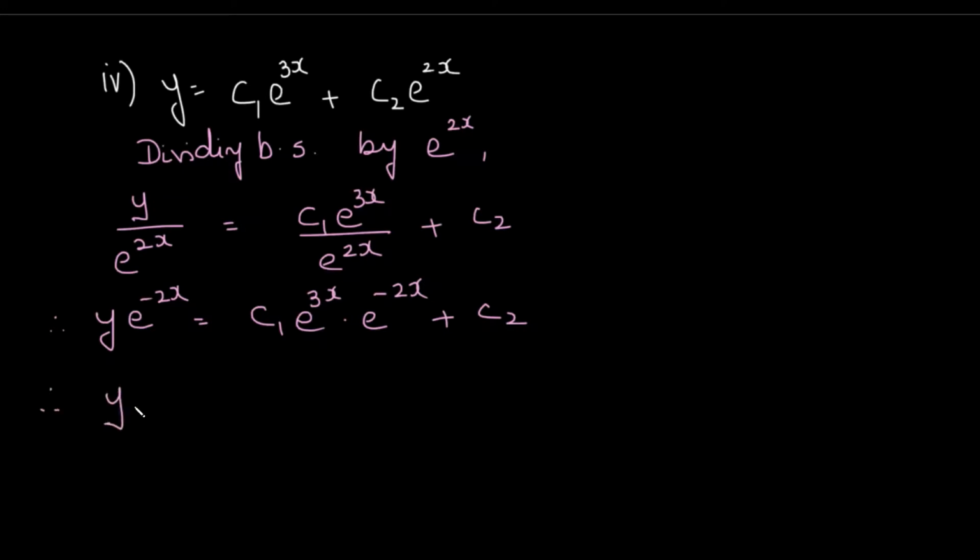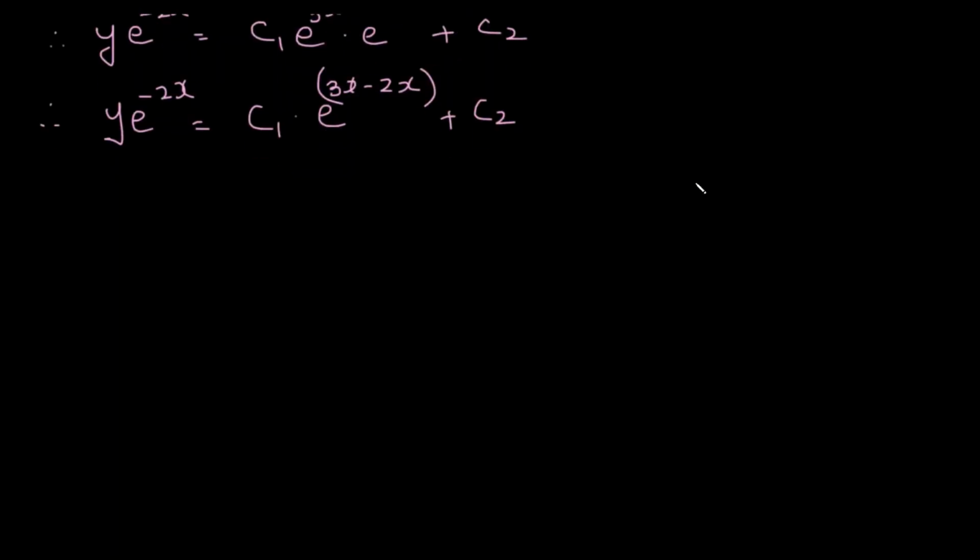So therefore, y e raised to minus 2x is equal to c1 into e raised to 3x minus 2x, this way. And thus we get y e raised to minus 2x is equal to c1 into e raised to x plus c2. Now we can differentiate both the sides.